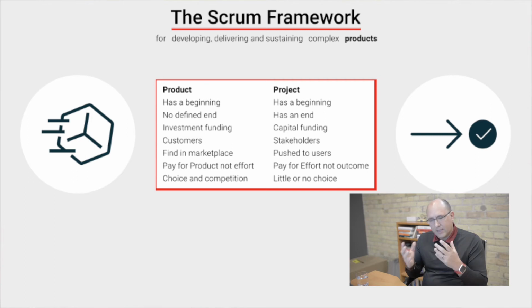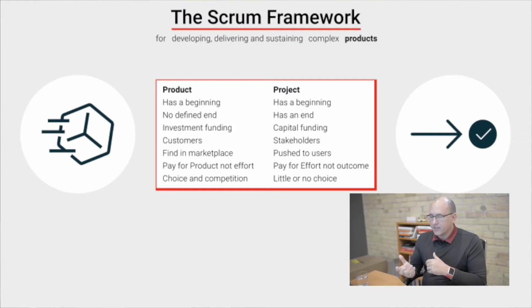You think about, hey, we're going to do something, we're going to try and work towards a goal, and you start working. Okay, no problem. But then the similarities end. Projects are defined, by definition, they have an end. Products, on the other hand, have no defined end. They're developed, they're worked on, they're delivered and sustained basically until the product is not valuable anymore.